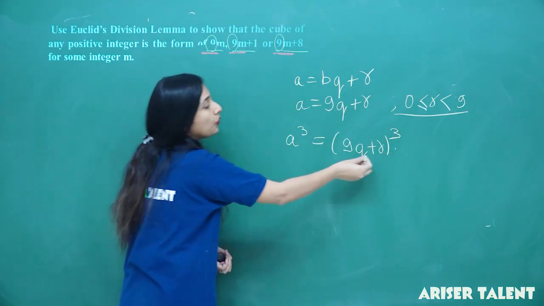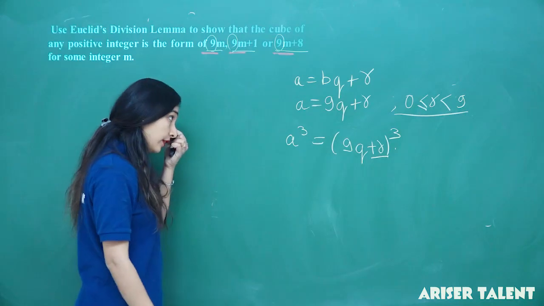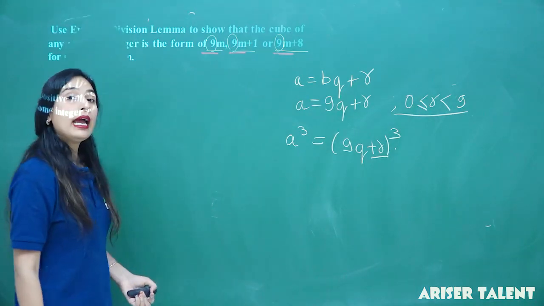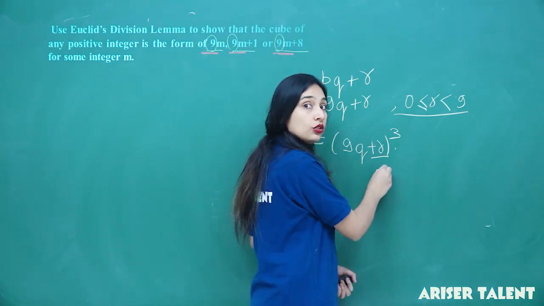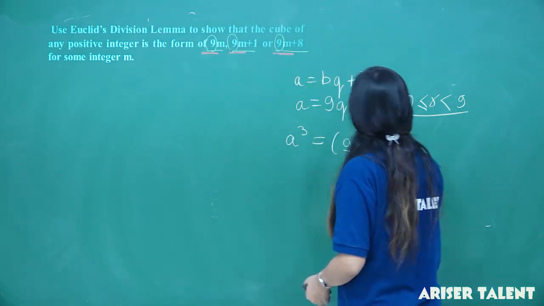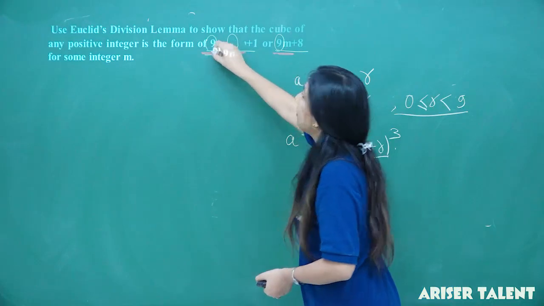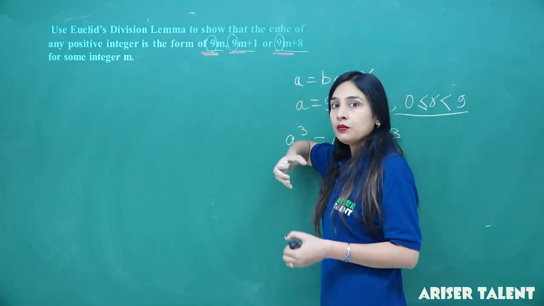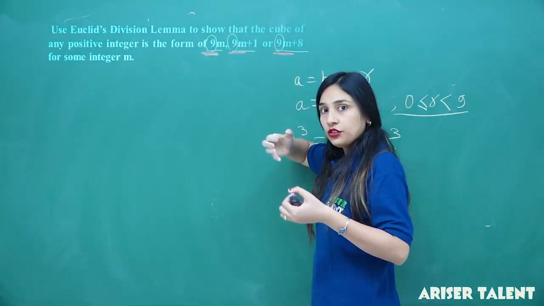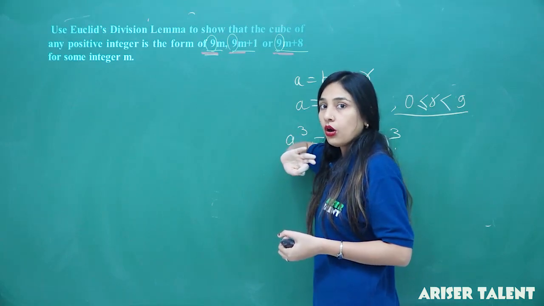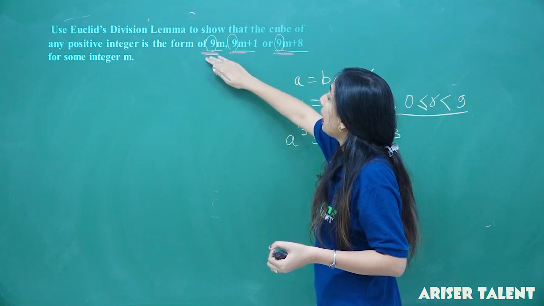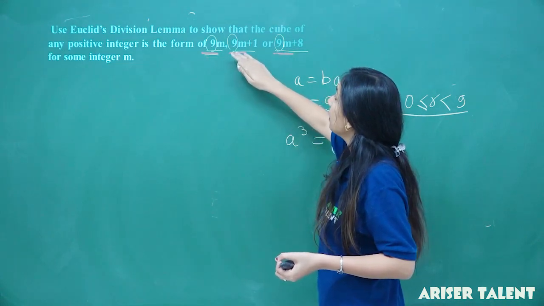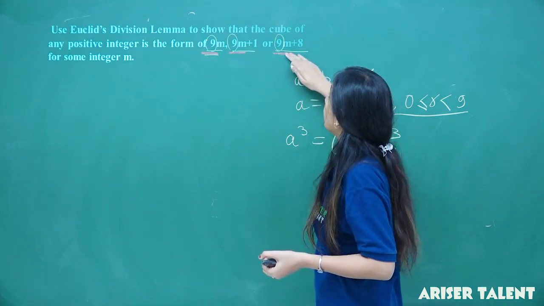You will substitute r as 0, 1, 2, 3, 4, 5, 6, 7 and 8, and then you will find the final answer. The final answer will have 3, 4, 5 or more terms all the time, so you have to cut it short and write it in the form of 9m, 9m plus 1 or 9m plus 8.